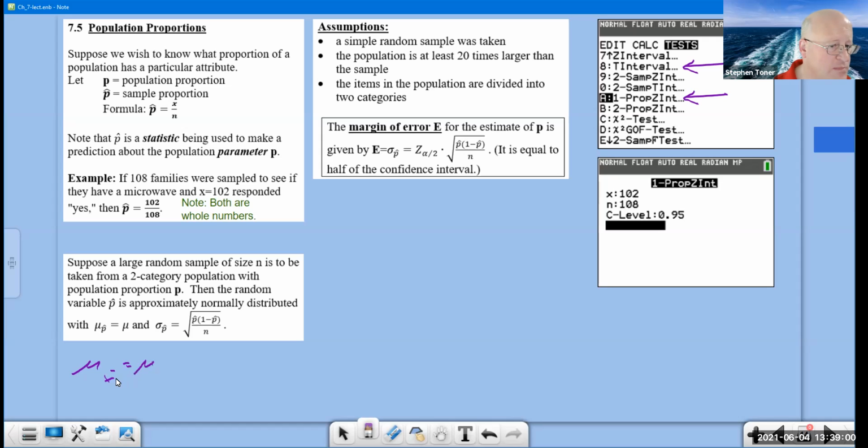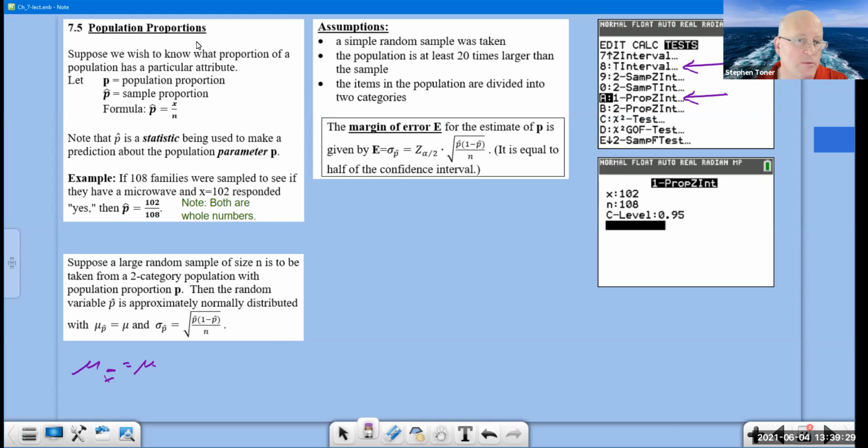Well, now we have mu subscript p-hat is equal to mu, and the standard deviation of the population proportions has this new formula. Instead of p-hat times 1 minus p-hat, we're dividing it by the square root of n, and you will see the p-hat times 1 minus p-hat showing up in a little bit, but bottom line is it's not going to be a calculation you're going to have to do much.